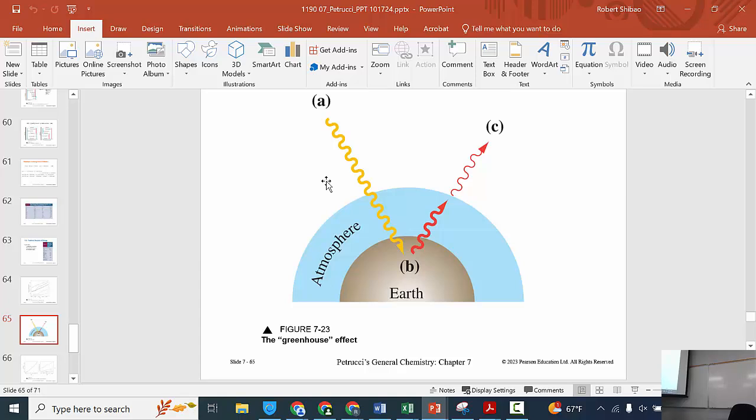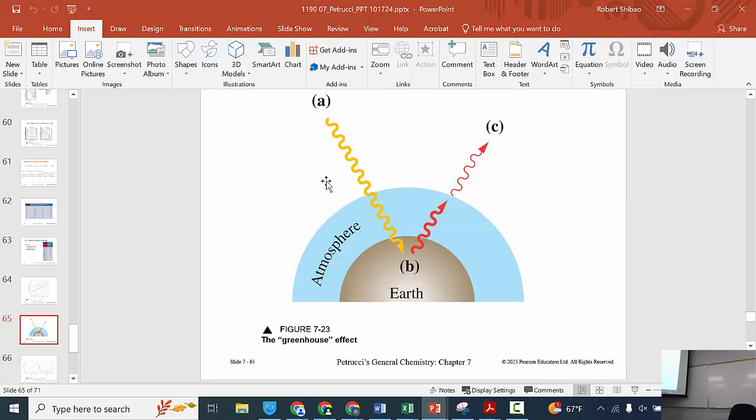You can experience the greenhouse effect in your car. If you have a car on a hot day and you go in, it's going to be quite hot. It traps in the heat, which is, of course, bad for pets or children that are left in cars, because the interior temperature of the car, due to the greenhouse effect, is going to be much higher than outside the car.